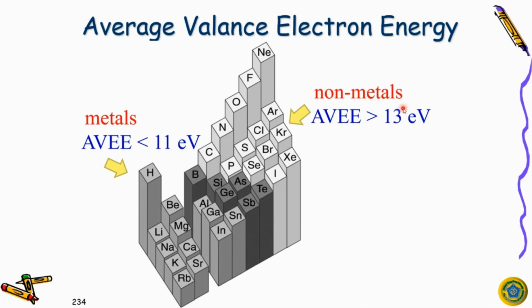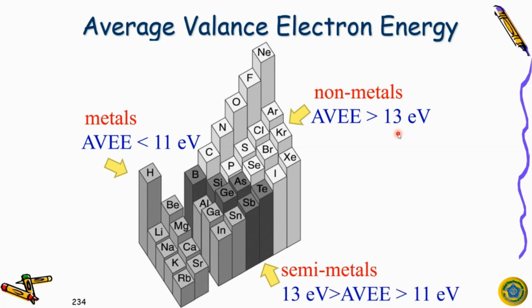Between metal and non-metal are the semi-metals, and the AVE will be between 11 and 13. So AVE for metal is less than 11, for the non-metal is larger than 13, and for the others, they are between 11 and 13 electron volts.